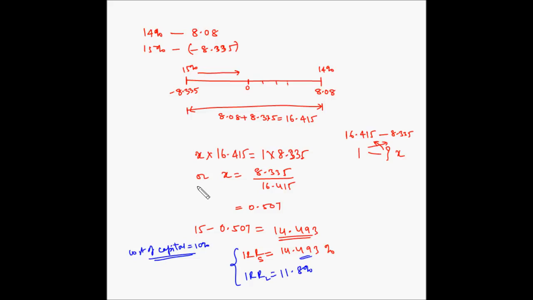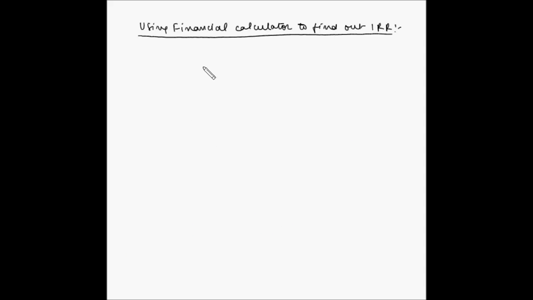Now the same calculation can also be done using a financial calculator. So let's see how we can use a financial calculator to find out internal rate of return. Now the method to use the financial calculator to find out the IRR is similar to the way we use the financial calculator to find out the NPV, or the net present value.